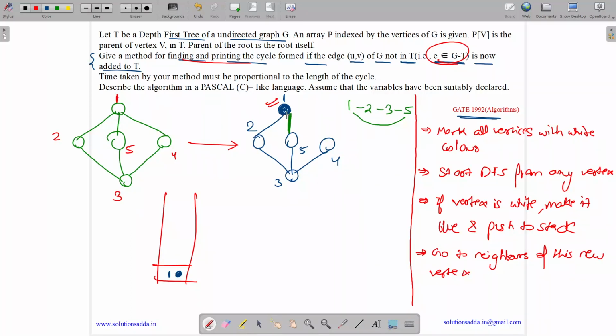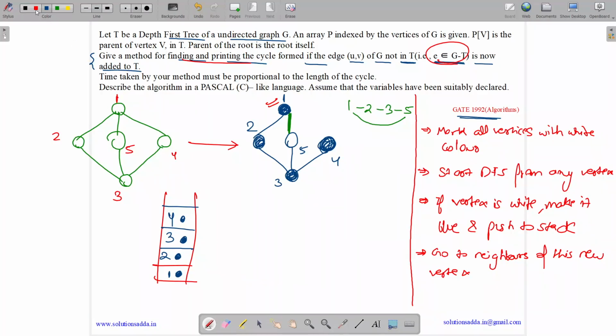We can go to either 5 or 2. Let us assume we go to 2. Again this vertex is white, so we make it blue and push to stack. Now we can go to any neighbor. Let us assume we go to 3, make it blue as it is white, and push to stack. Now we go to the next neighbor, either 4 or 5. Let us assume we go to 4, make it blue and push to stack.